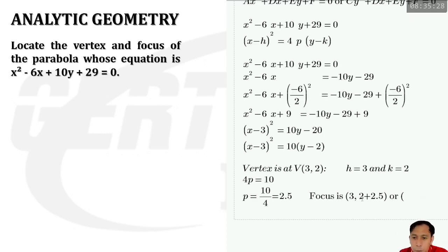Because the direction is upward, so the focus is above the vertex. So it's 3 and 4.5. That is the location of the focus. Okay, 3 and 4.5.